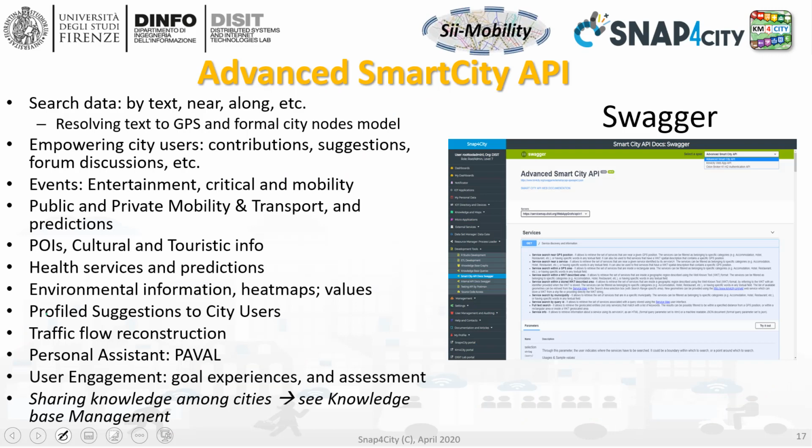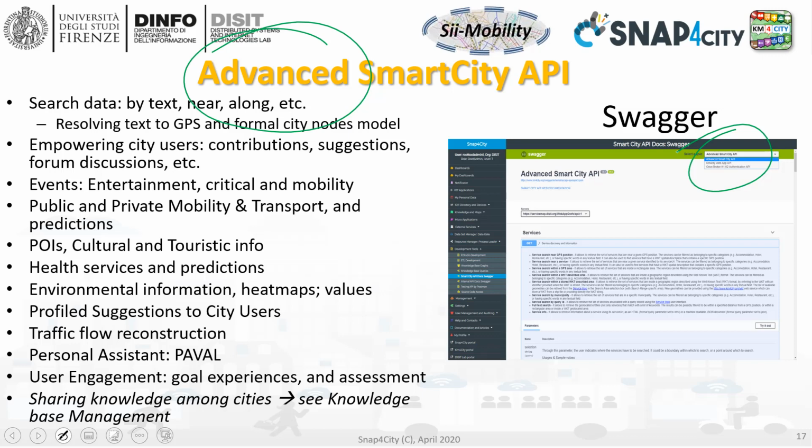So the advanced Smart City APIs: typically we add the keyword advanced in some cases when we refer to the whole set of the APIs. The whole set is well represented here in the Swagger with a list of the different components of the Smart City API.